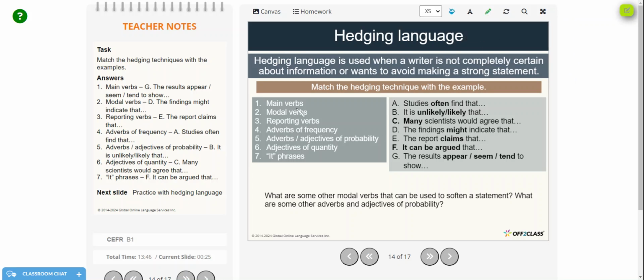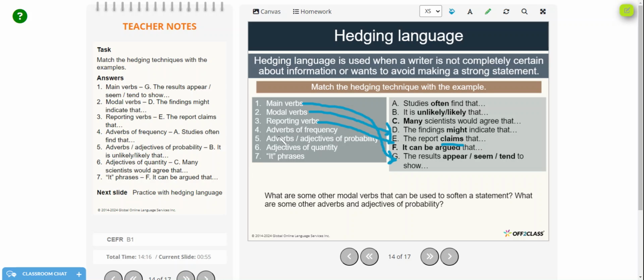All right, so for main verbs, you could say the results appear, seem, or tend to show. Modal verbs is D. The findings might indicate, so might is a modal. Reporting verbs would be E. The report claims that.